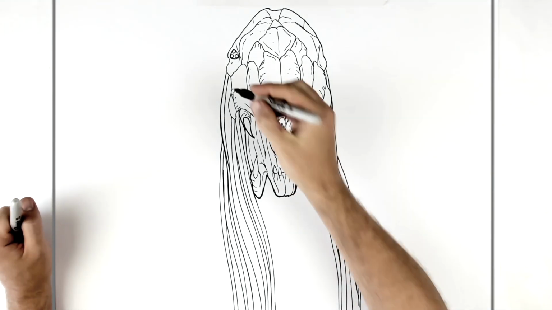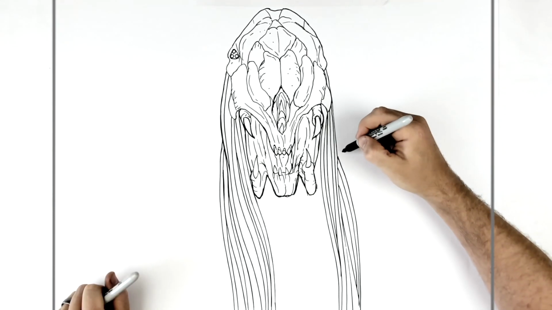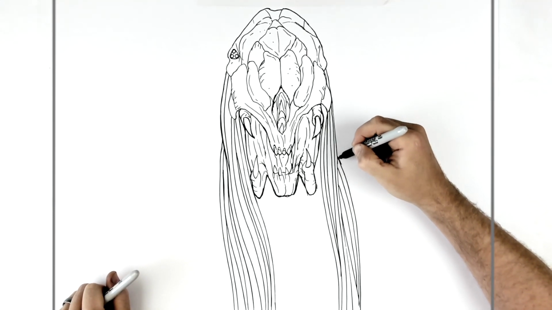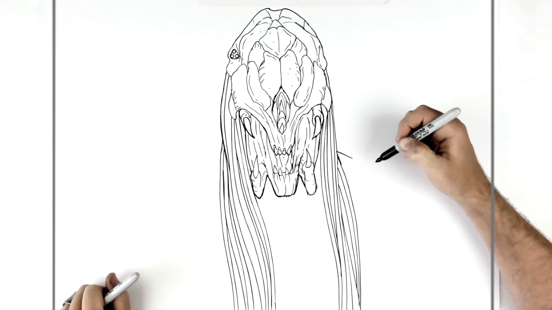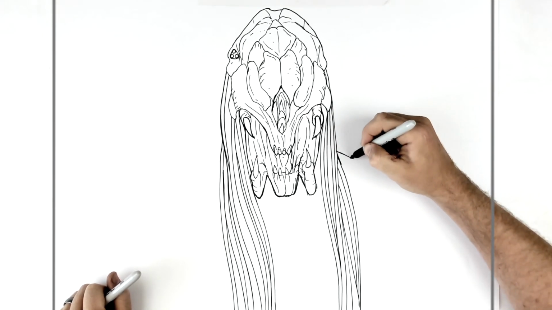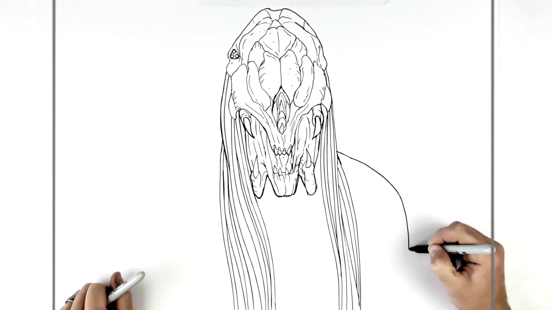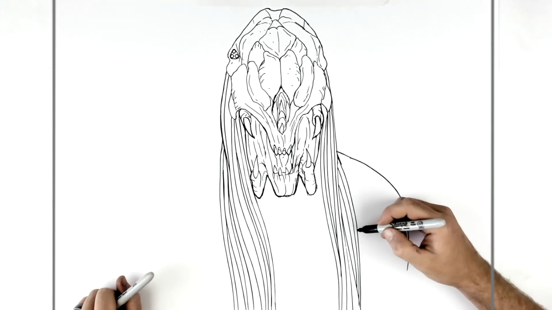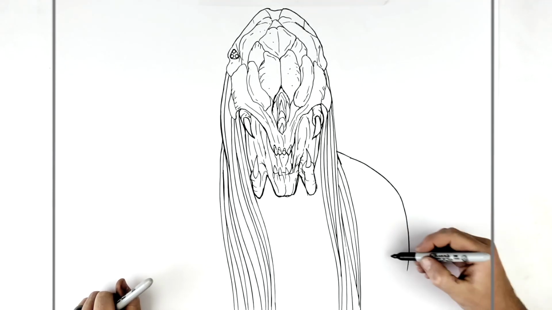Right, kind of like that. So then we have a shoulder line that's pretty high up, so it comes out up here. So he's got big trapezius, and then a shoulder here. So big round shoulder there, and then bicep.